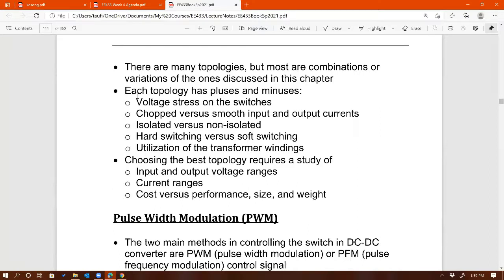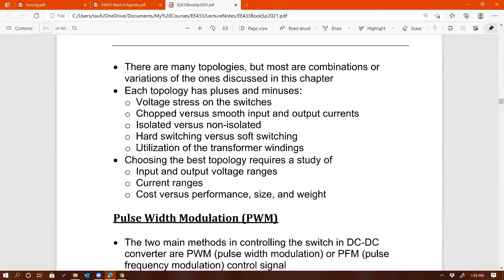There are other methods for DC to DC converters that don't use inductors. That could be a capacitor-based type of DC to DC converter. That's one topic that I covered in EE527, which is advanced power electronics. But again, since this is a magnetic class, we're going to limit ourselves to DC to DC converter topologies that make use of inductors as the energy storage.